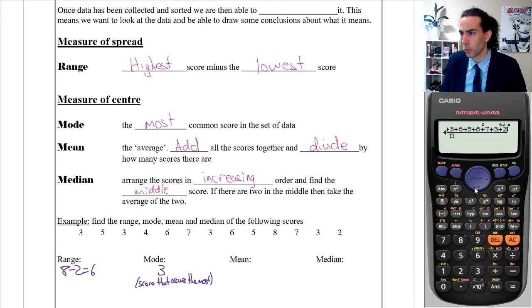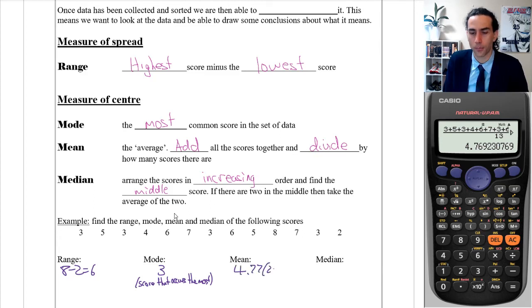Anyway, gotta move on. Accept mistakes happen. How many scores have we got? 1, 2, 3, 4, 5, 6, 7, 8, 9, 10, 11, 12, 13 of them. So you add the scores up, divide by how many there are, and you often get a weird answer. Let's say 4.77. It's hard to know if you got it right as well. You could have accidentally made a minor error.